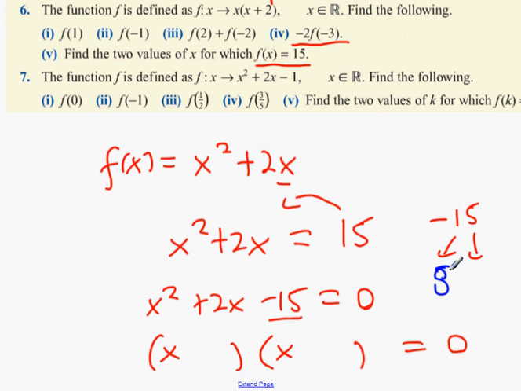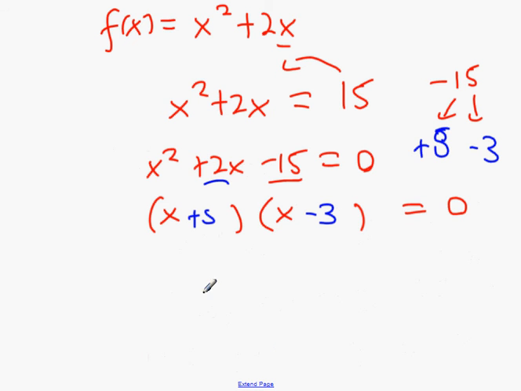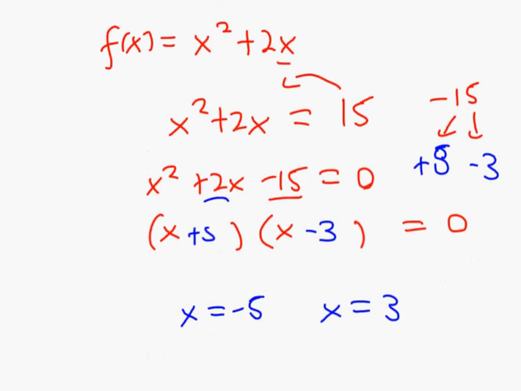Plus 5 minus 3, because it has to be a plus 2 in the middle. If I did 3 minus 5, it'd be a minus 2 in the middle, and we want a plus 2. So it's going to be plus 5 minus 3, and what's our two answers then? x equals minus 5 and x equals plus 3. Okay.